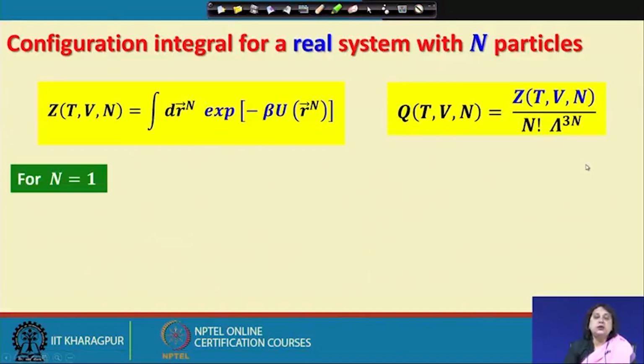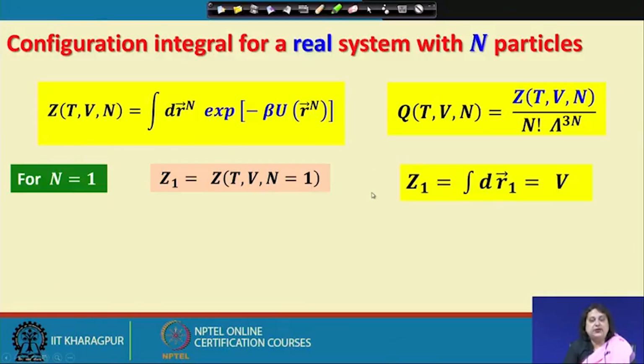When N is equal to 1, if I have only one particle present in the system, then what shall I have as Z? Z would be the value of the configuration integral when N is equal to 1. If I write down the definition of Z1, this is nothing but the integral dr1.